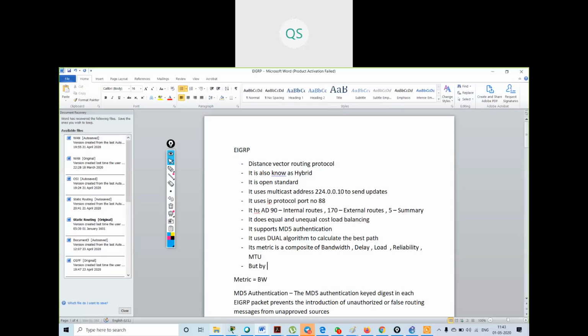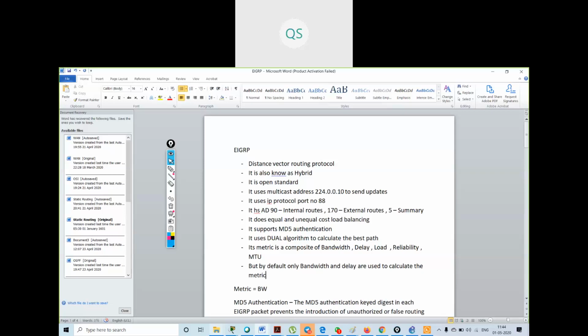But by default, only bandwidth and delay are used to calculate the metric.